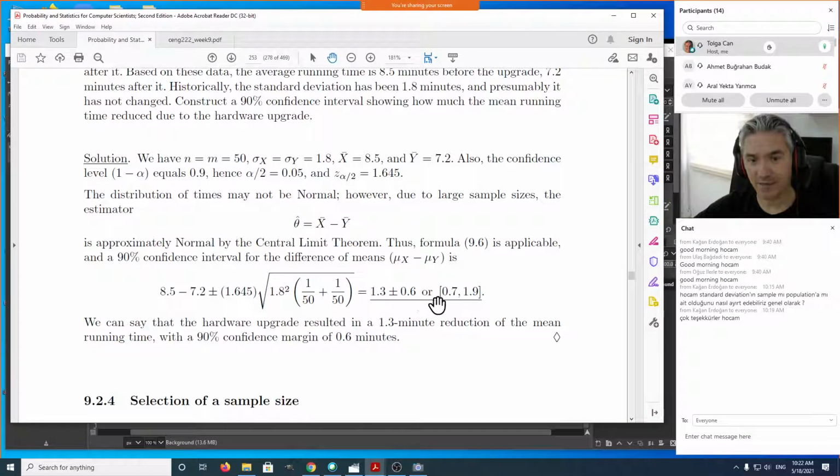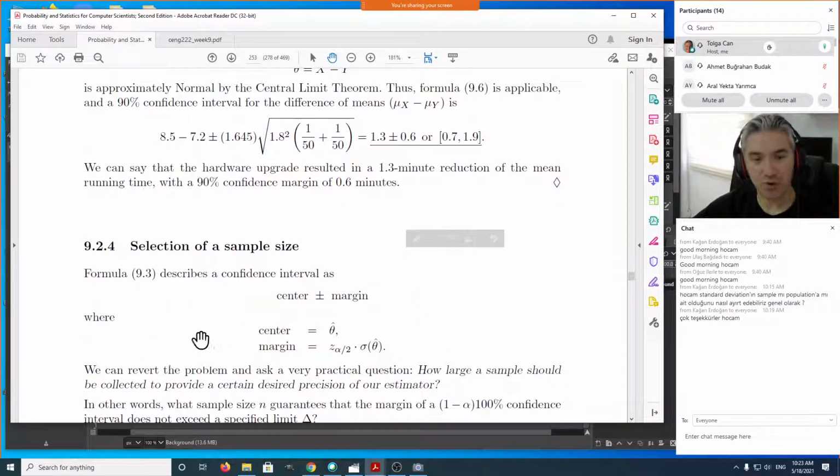Another thing is, if you want to decrease the confidence interval here, you may decrease your confidence. For example, if you want 70% confidence, the margin is going to decrease in that case. But if you don't want to change your confidence level but decrease this margin, the way to do that is to increase your sample size.